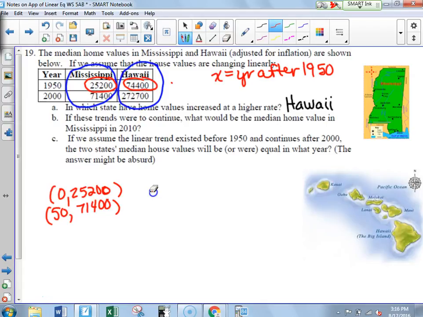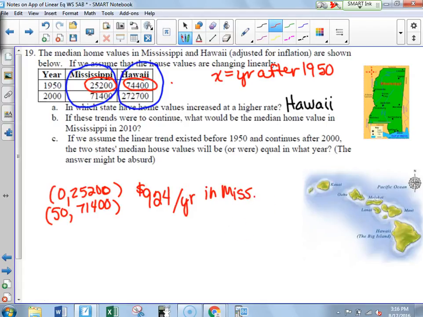I got 924 as well, but I think I forgot the 0. If you did 71,400 minus 25,200 and 50 minus 0 for the denominator, 924 dollars per year increase. That was Mississippi, right?